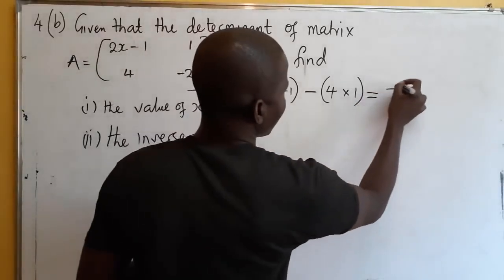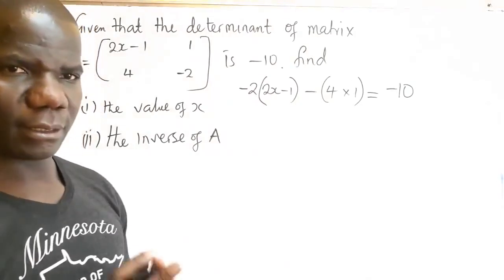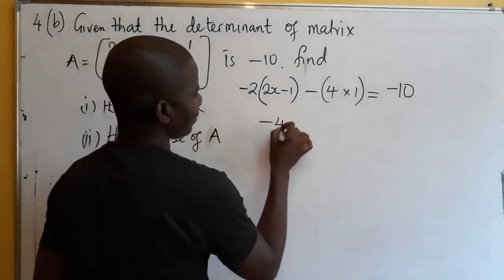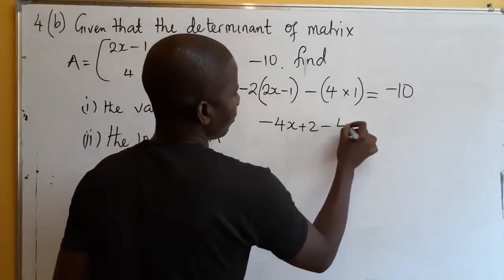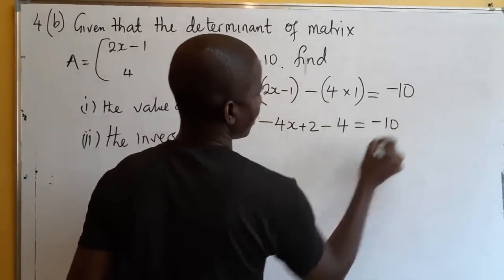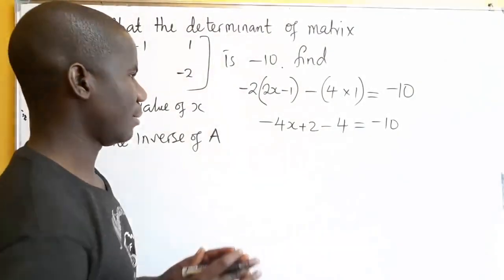This must give us -10, which is the determinant that we have been given. Is that clear? So from this point, we're going to have -4x plus 2 minus 4. This must give us -10. Are you following me?